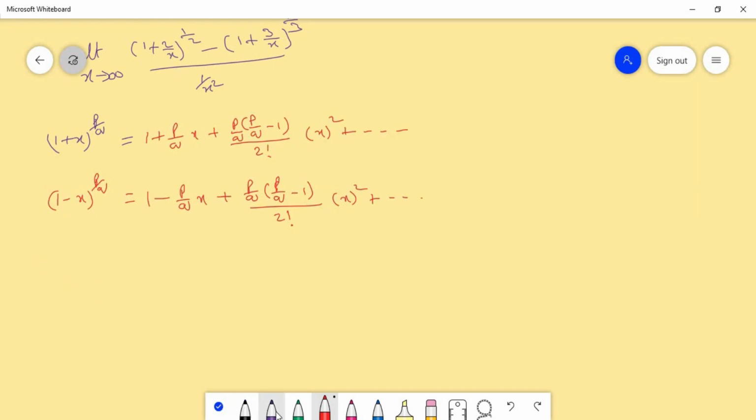Now, what to do here? Limit x tends to infinity.